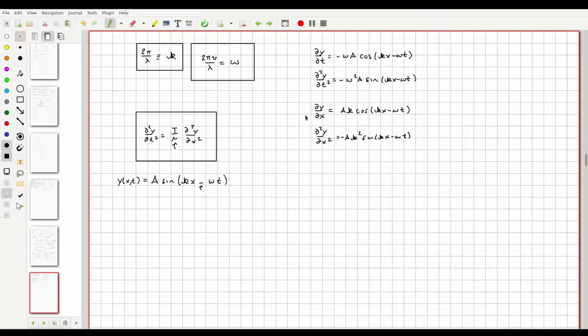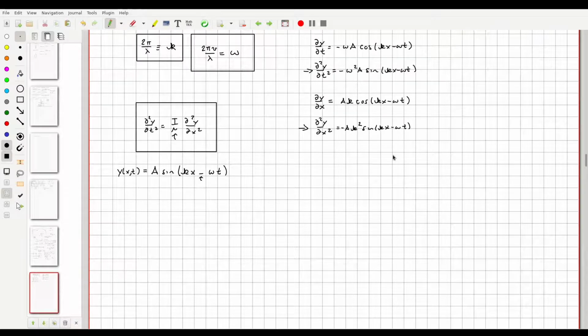And now I'm just going to plug this in right here, and this in right here, make some cancellations, and see how all this stuff relates. On the left-hand side, I have minus omega squared a sine of kx minus omega t.